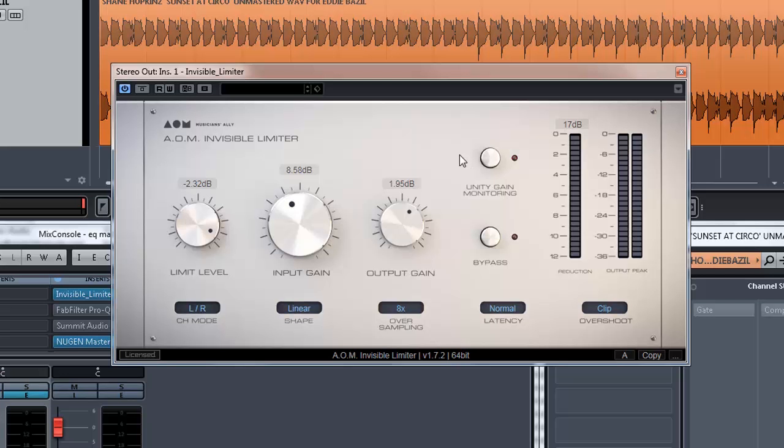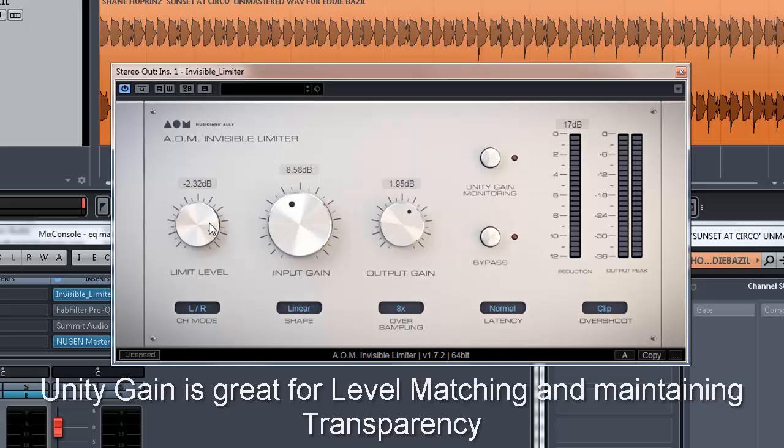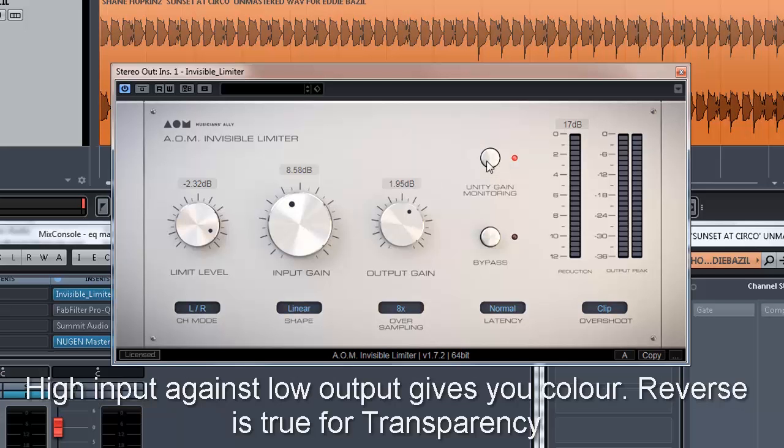They talk about a negative input against a positive output, but really this just means level matching. That's all it is. So we're trying to match the levels of the input to the output, which I think is wonderful because it removes all the kind of coloring process that you'd get by pushing inputs against low outputs or low inputs against high outputs. I tend to leave that on.